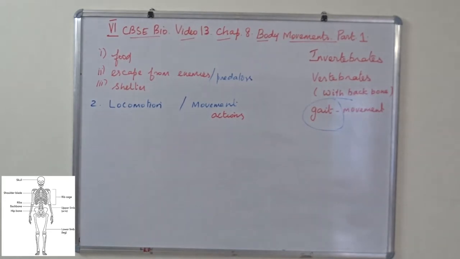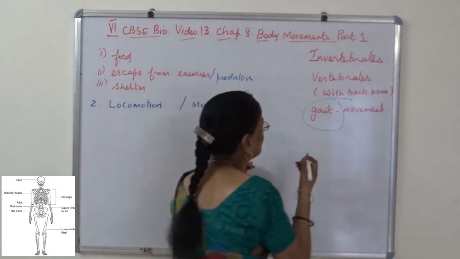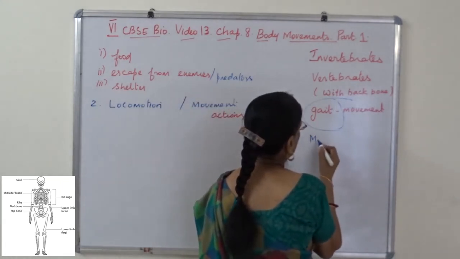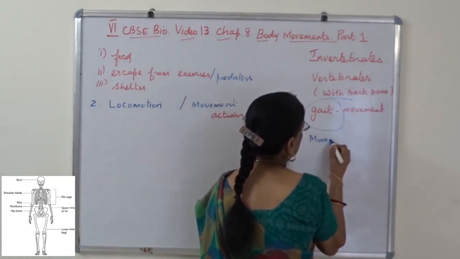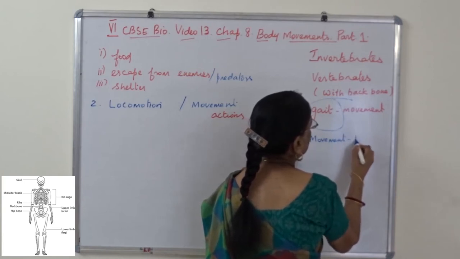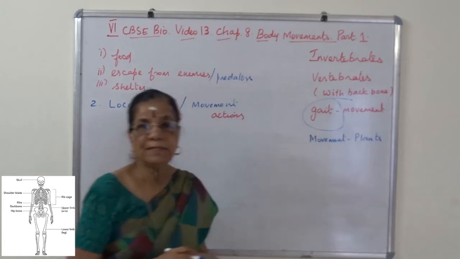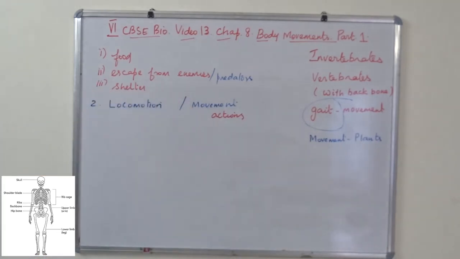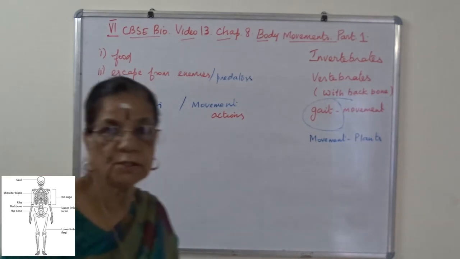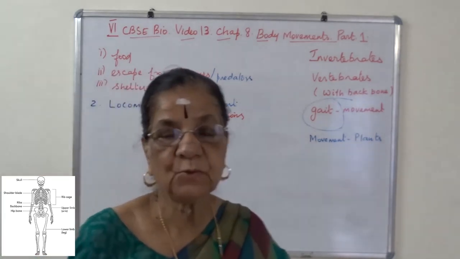Now the same way, locomotion in plants shows only movement. Plants do not move from place to place.